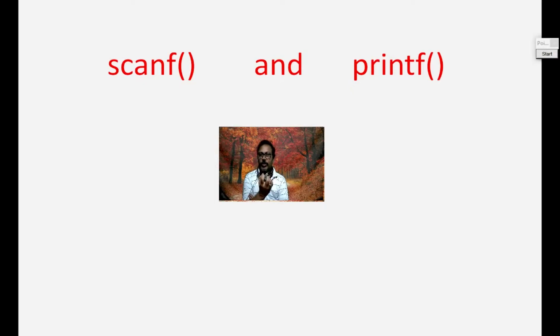Underlying the keyboard there will be bytes where there will be a short circuit whenever you press a key. So all those things have to be captured. If scanf is not available, then you have to do all these things. But fortunately, we have this scanf which allows us to read data easily, and printf which prints the data. Again, the screen or display which you are seeing is a very complex one.